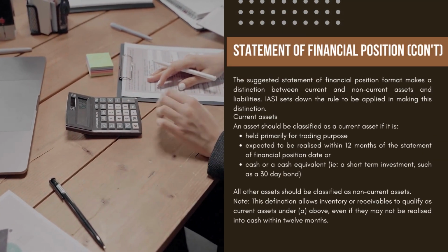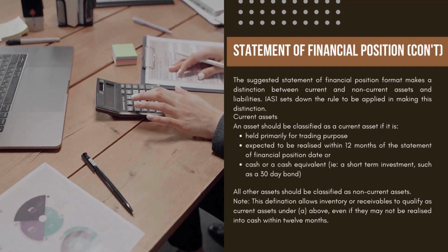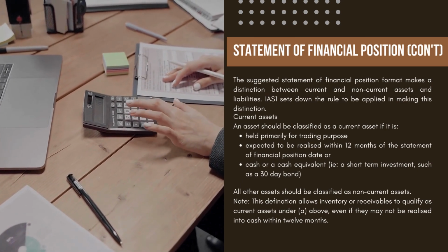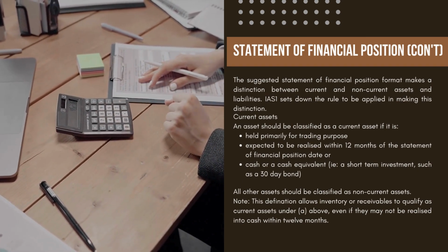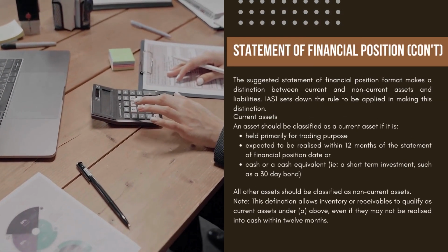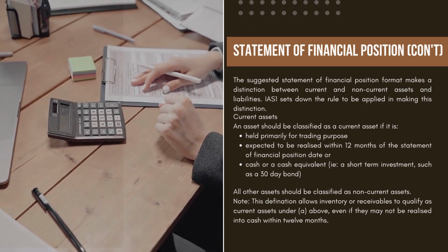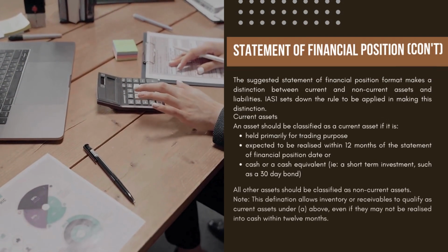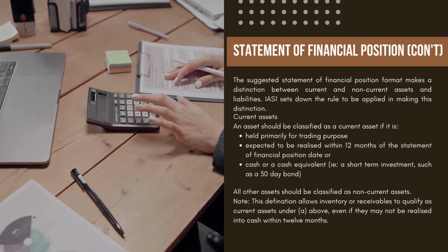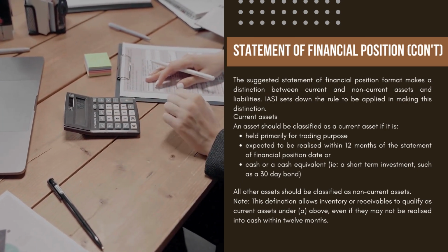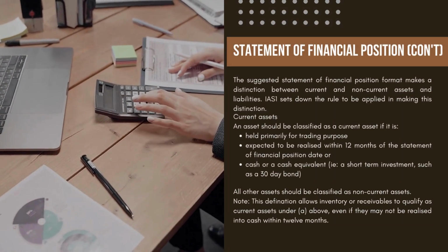For current assets, an asset should be classified as a current asset if it is held primarily for trading purposes, expected to be realized within 12 months of the statement of financial position date, or is cash or a cash equivalent, for example, a short-term investment such as a 30-day bond. All other assets should be classified as non-current assets.